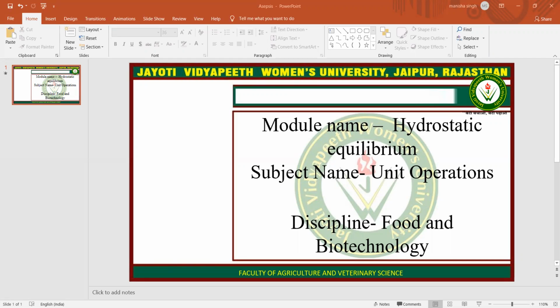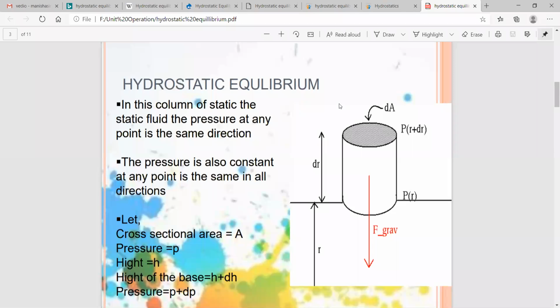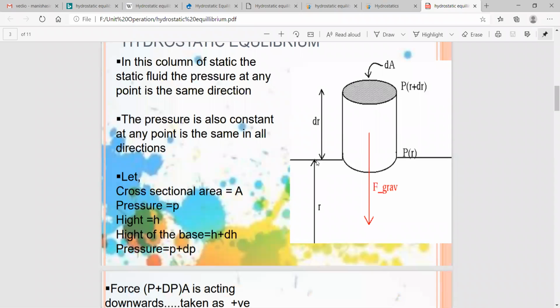In this column of static fluid, the pressure at any point is the same in all directions, so the pressure is also constant at any point.